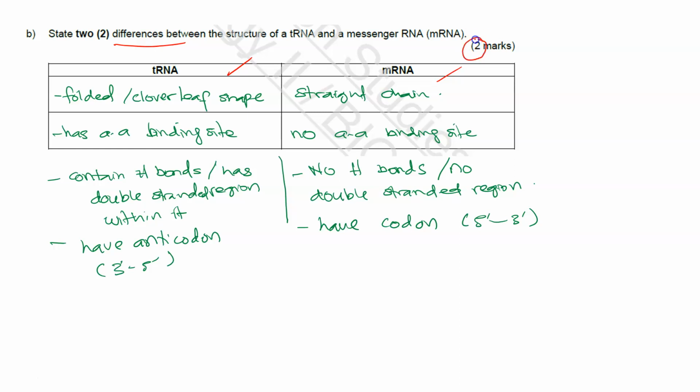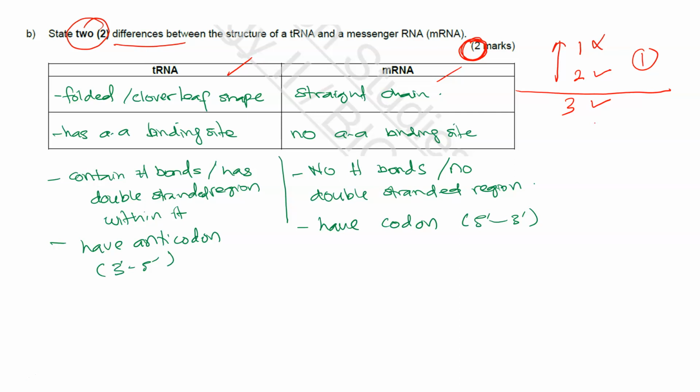Kalau soalan dia 2 markah untuk difference dan disuruh awak bagi 2 perbezaan, if you give more than 2, jawapan pertama, jawapan kedua, jawapan ketiga, the first answer is wrong, the second answer is right, the third answer is right, examiner akan mark hanya the first 2 sahaja. Okay, so it means that you get only 1 mark right. Sebab apa?